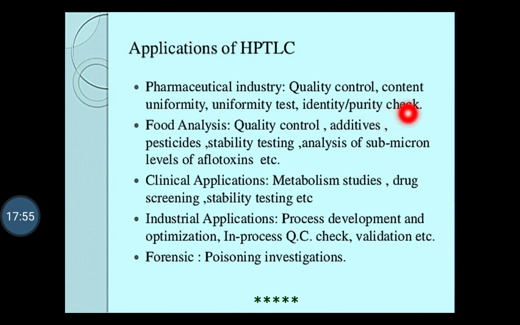It is also used in food analysis, in quality control, additives, pesticides, stability testing, and analysis of the submicron level of aflatoxin can also be determined by high performance thin layer chromatography. It is also used in clinical applications for metabolism study, drug screening, stability testing. It can be used in pharmaceutical industries.